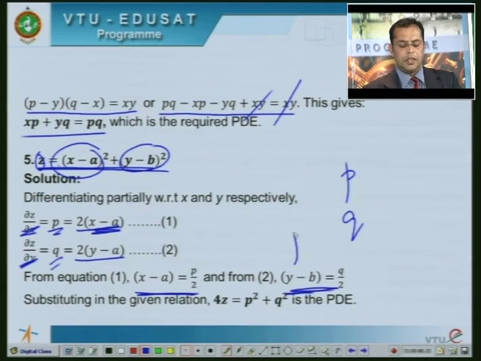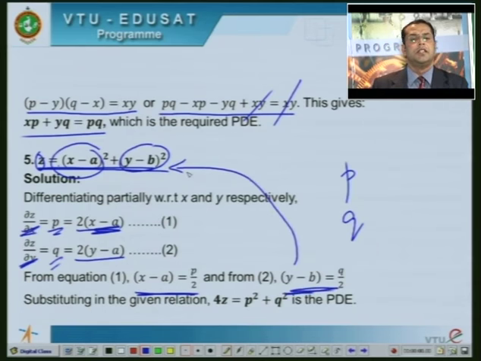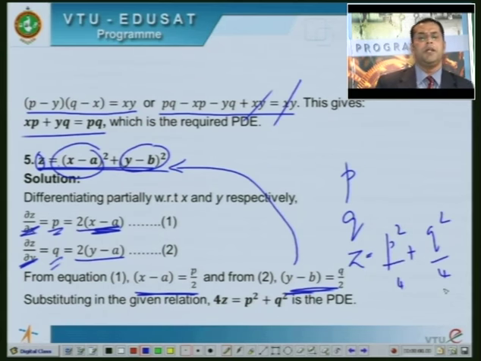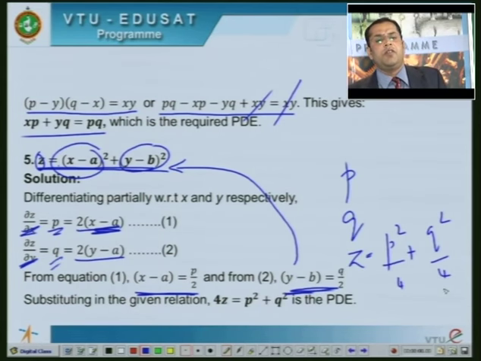Substitute these two in the given relation. So, you get z is equal to p square by 4, (p by 2) whole square, plus q square by 4. Cross multiplying 4 to the LHS, you get 4z equal to p square plus q square, which is the required PD.